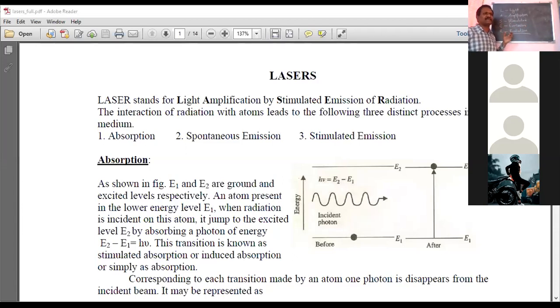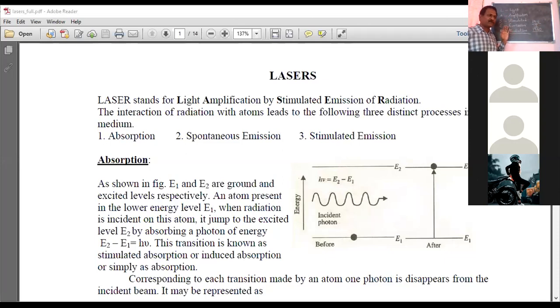This particular thing, the amplification by means of stimulated emission, was explained by Einstein in 1916 itself. Remember, 1916 itself. But the invention of laser was done in the year 1960. There is a vast difference between these two years.